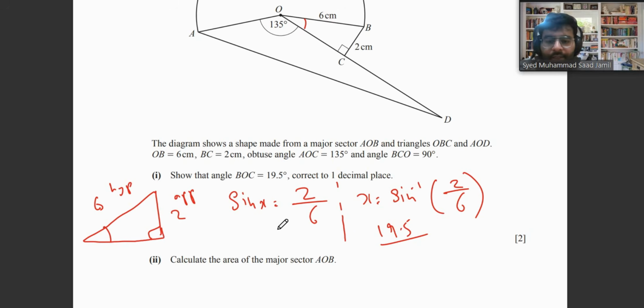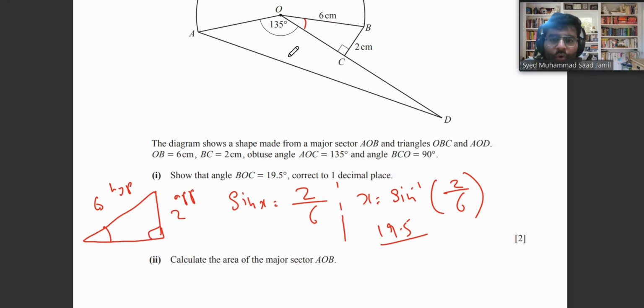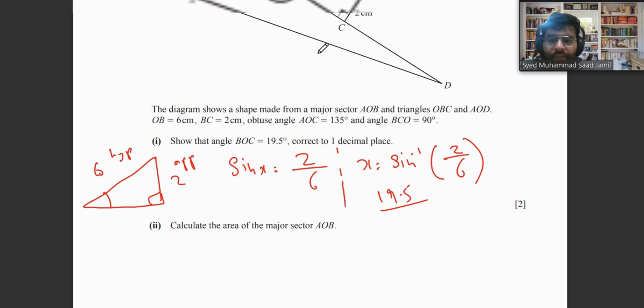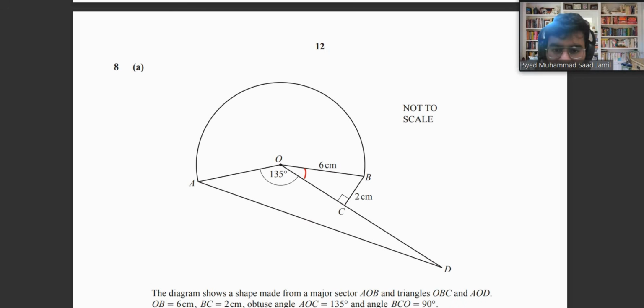Simple. Calculate the area of the major sector AOB. They want to find the area of this whole region, and for this we need this angle.